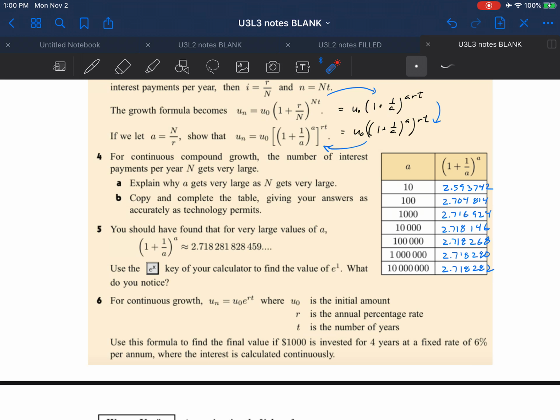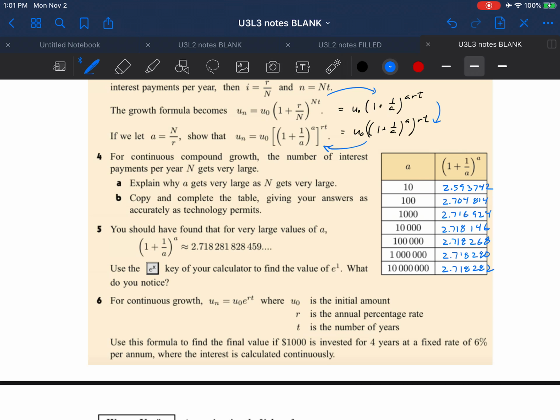And basically it's this limit. As A becomes really big, this expression is essentially equal to this. So you can see we're really close: 2.818, 282. It's about the same.